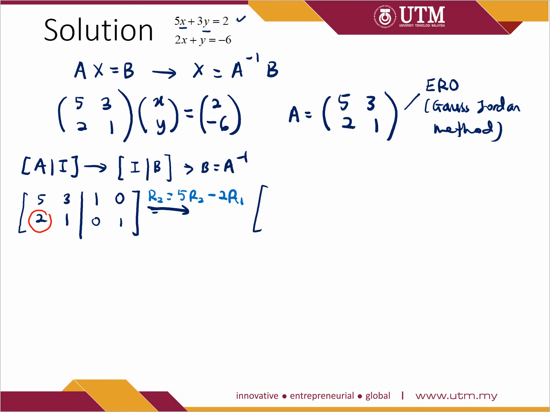We rewrite row 1 as 5, 3, 1, 0, and our second row will be 10 minus 10, which is 0, and then 5 minus 2 times 3 is negative 1, 0 minus 2 times 1 will be negative 2, and the last one will be 5 minus 0.